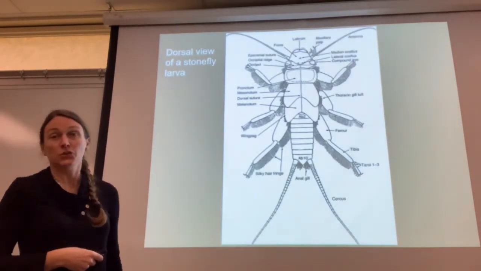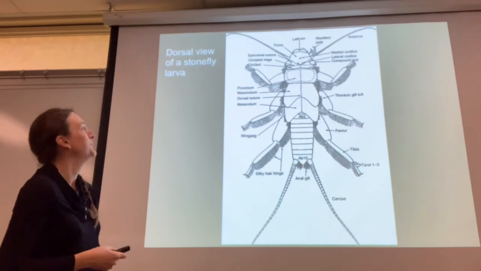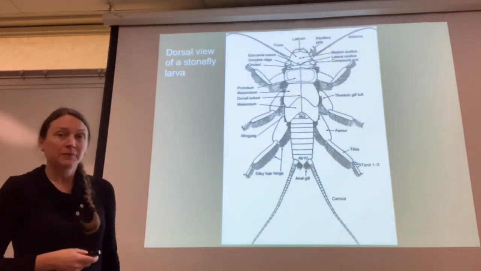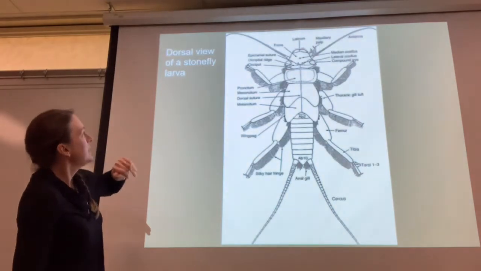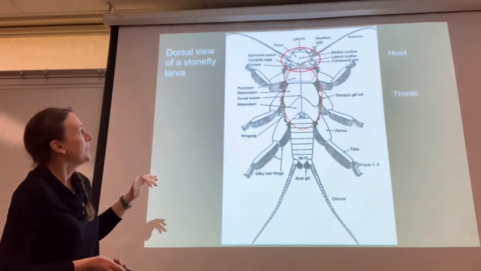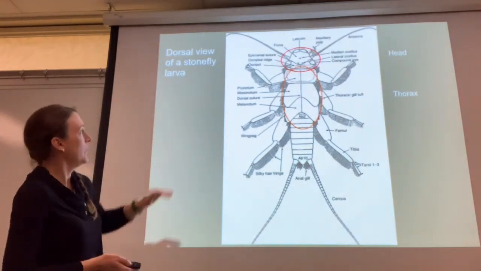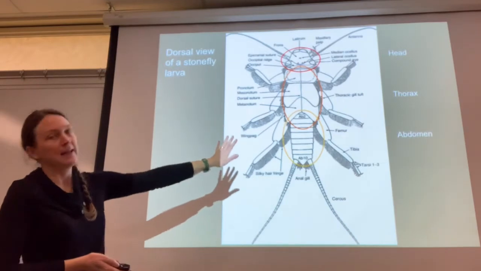Here is a dorsal view of a stonefly larva, or you could say nymph, because this is a hemimetabolous organism. And what you can see is it has a head, right? That's the easiest part to decipher. It has a thorax. The thorax is where all of the legs extend from. And then it has an abdomen.